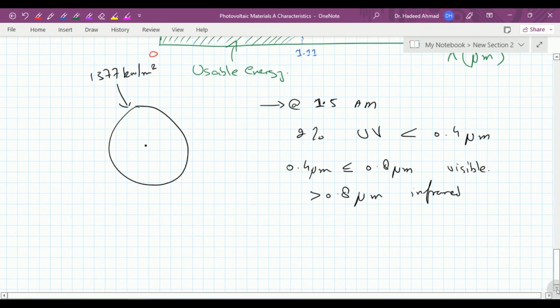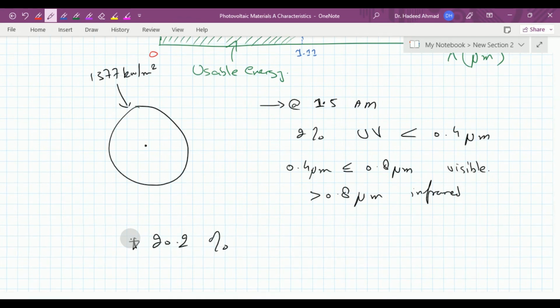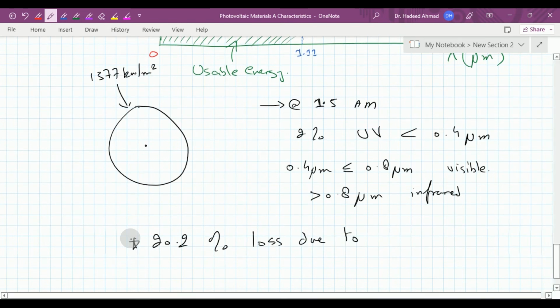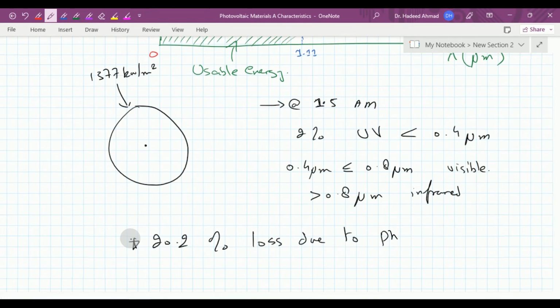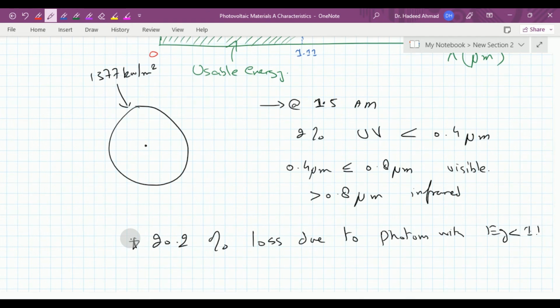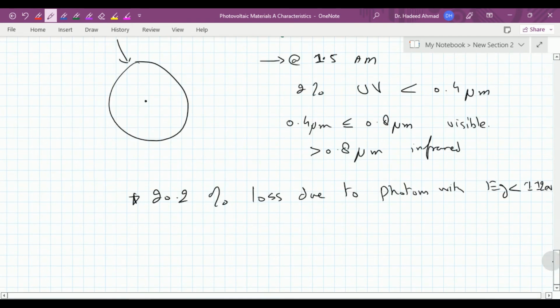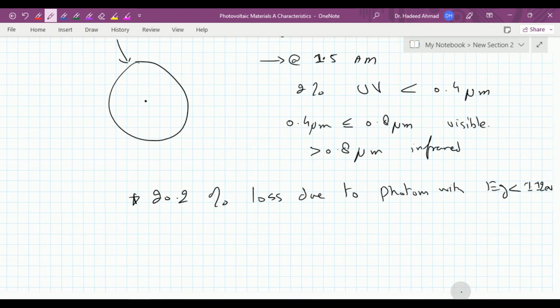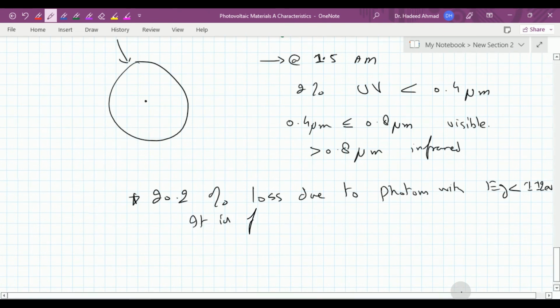So for a silicon material, 20.2% of energy is lost due to photons with Eg less than 1.12 electron volt, and these are of course those photons with lambda greater than 1.11 micrometer.